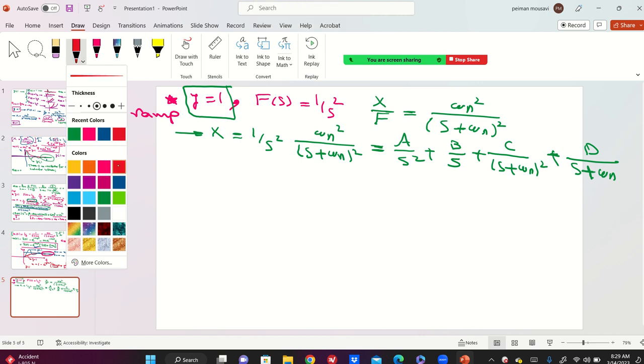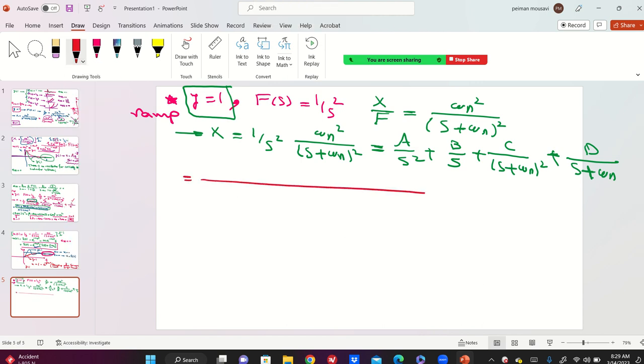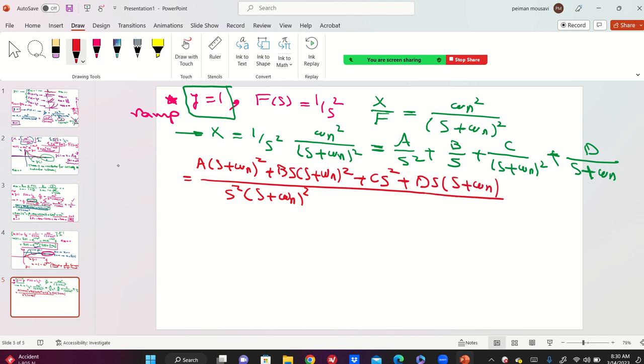So having that, you're going to have this again: s square times s plus omega n square. You're going to have A times s plus omega n square, plus B s times s plus omega n square, plus C s times this, plus D s times s plus omega n.